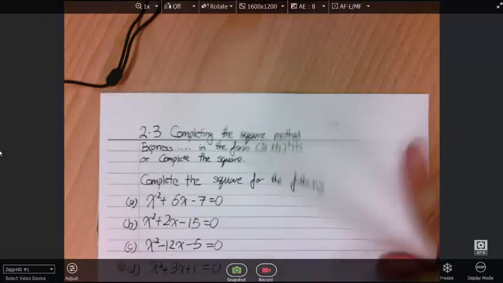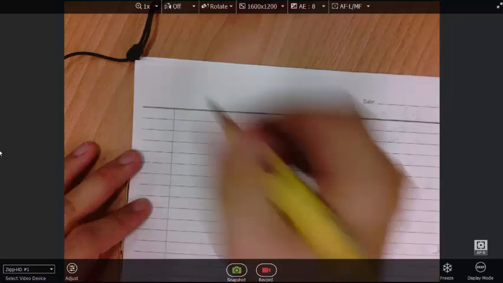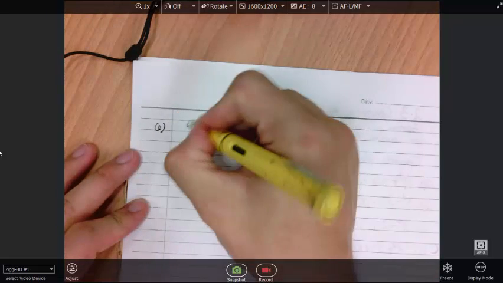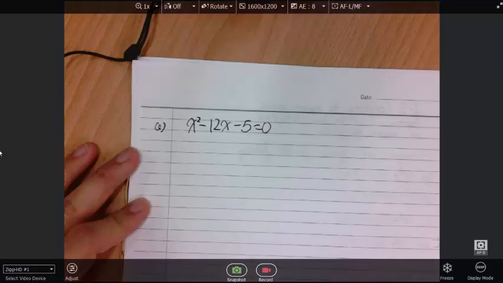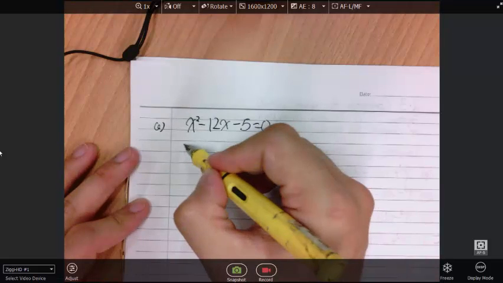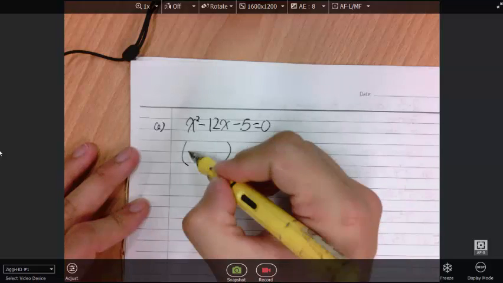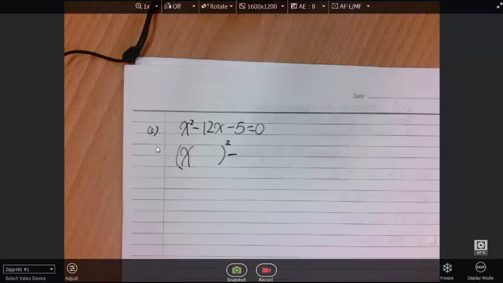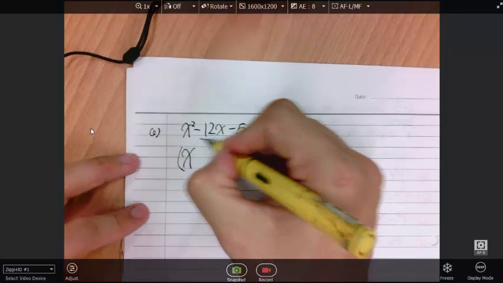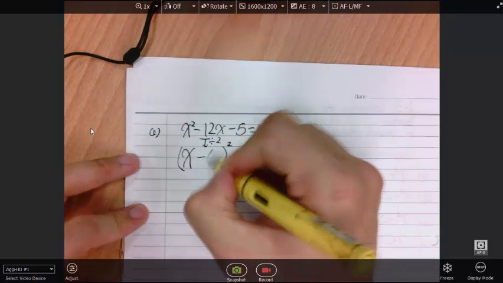Alright, next thing, part C. Part C is x squared minus 12x minus 5 is equals to 0. So again we complete the square. We write down the same thing again: x, the square, and the minus outside. Same idea here, we divide by 2 and we get negative 6.